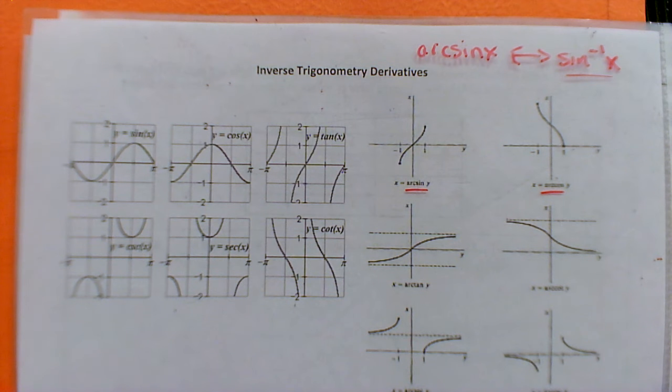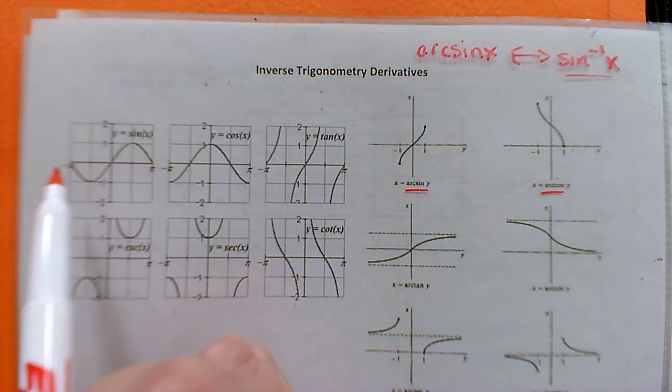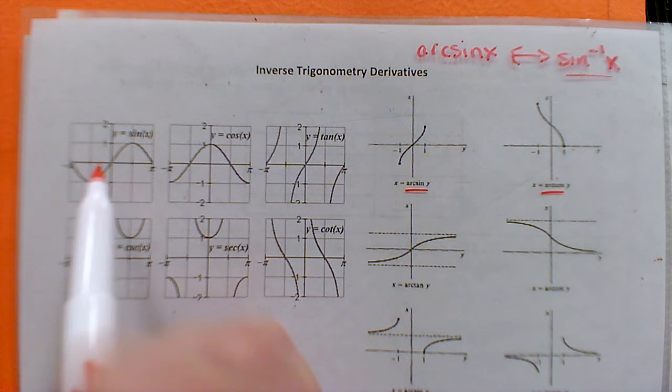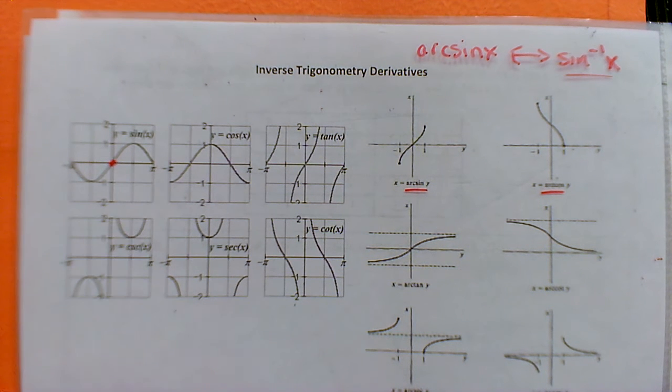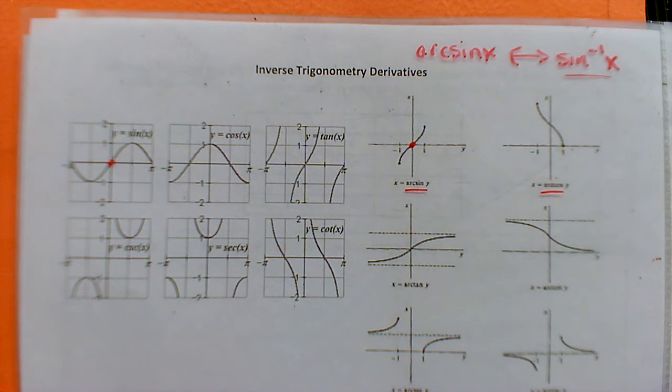Didn't we do that before? The whole idea of an inverse is to switch x and y. So notice how if you were to take this ordered pair 0, 0 and switch it, wouldn't it still be 0, 0? All right, so that's on the inverse graph right there.